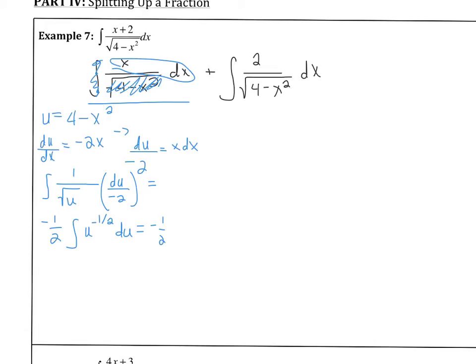And then reverse power rule, that'll become u to the positive 1/2 divided by 1/2, so times 2 over 1. All right, and then plus c, of course, which will leave us with a negative u to the 1/2, so negative root u plus c, which is negative root 4 minus x squared.